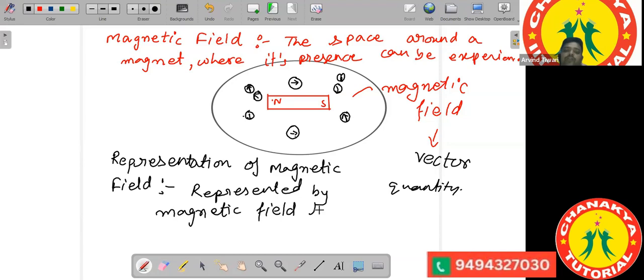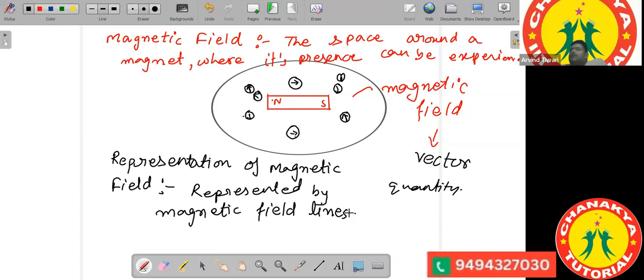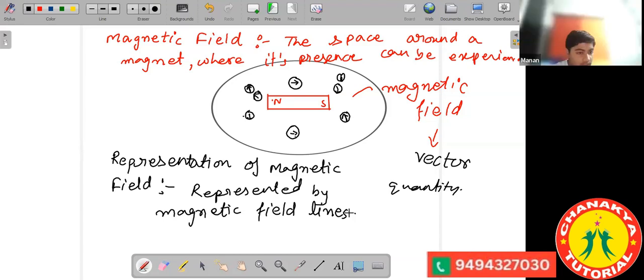So if you are asked a question, do the magnetic field lines really exist? What will you say? Do they really exist or not? They are imaginary lines.